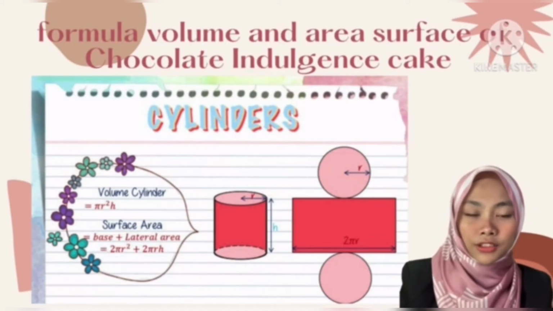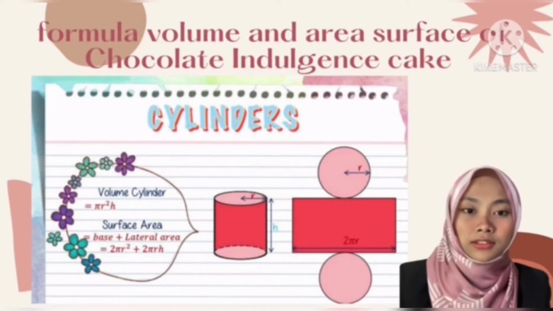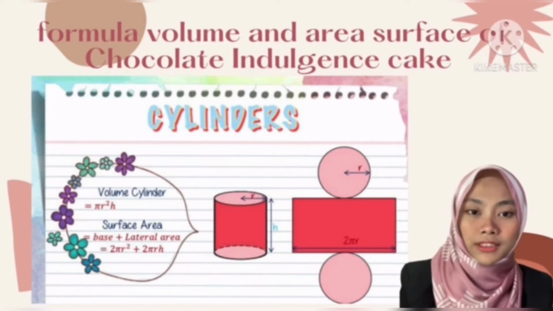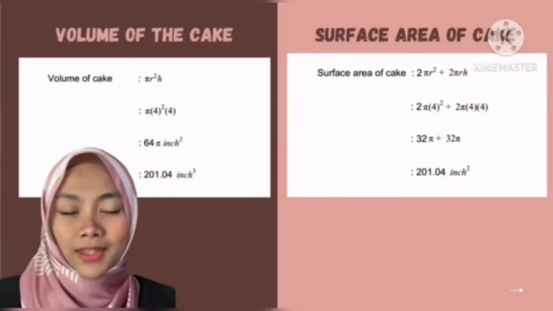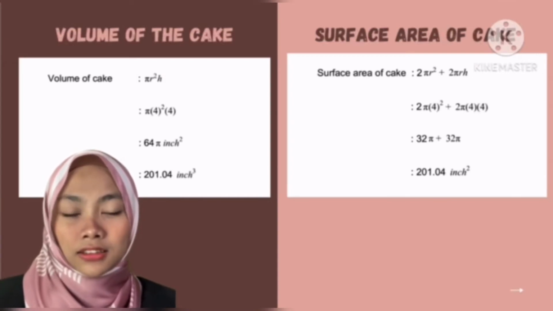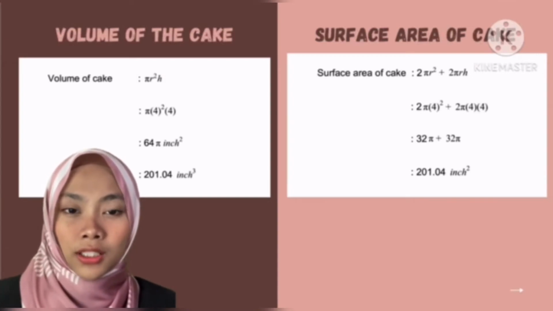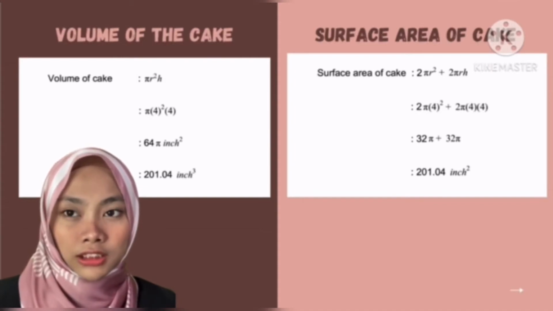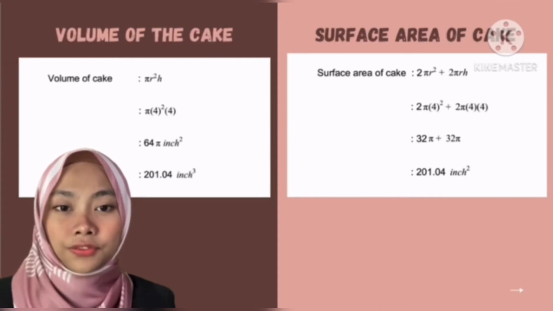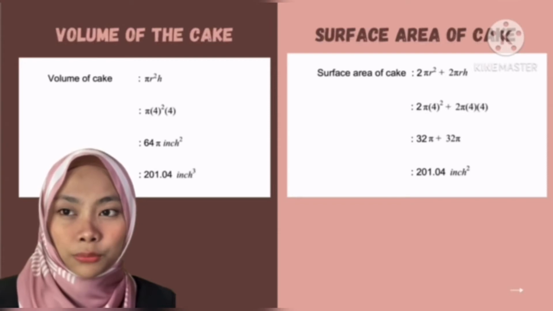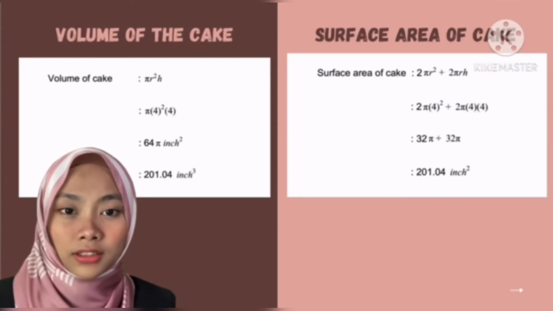R is the radius of the cake and h is the height of the cake. This is the answer for the volume and the surface area. The answer of the volume is 201.04 inches cubed and the surface area is 201.04 inches squared.